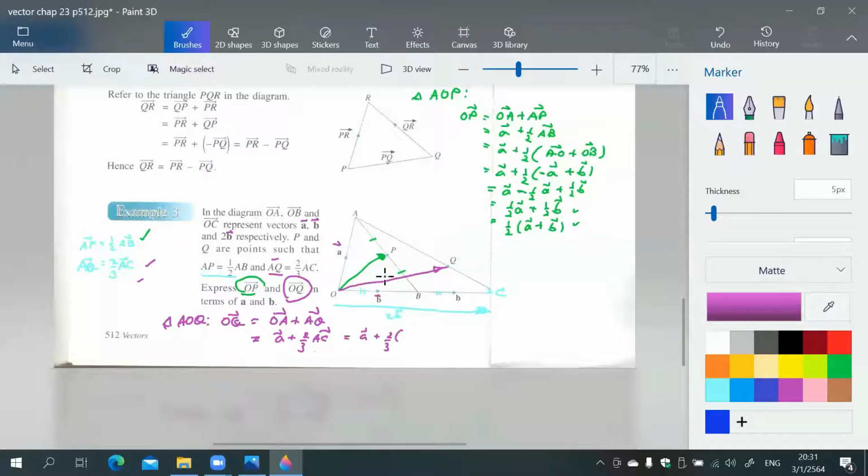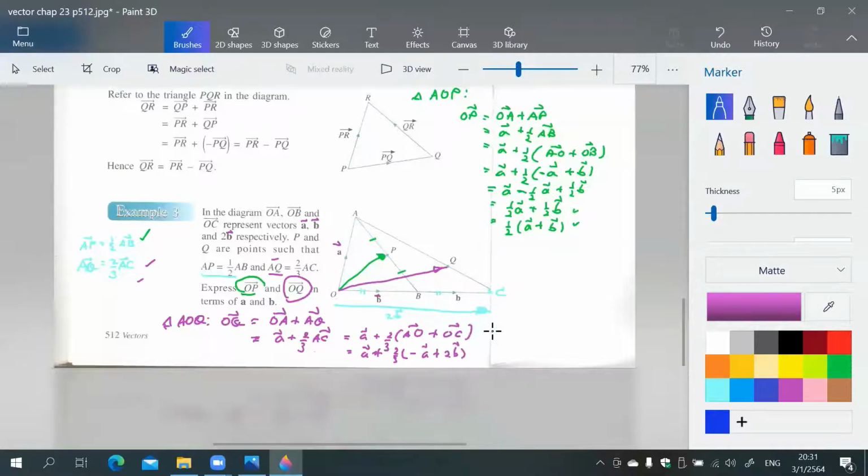So AC becomes AO plus OC. Again, common point O, we get AC. From this it becomes A plus 2 over 3 of AO, but this is OA, so it's going to be minus vector A, plus OC, and OC equals vector 2B.